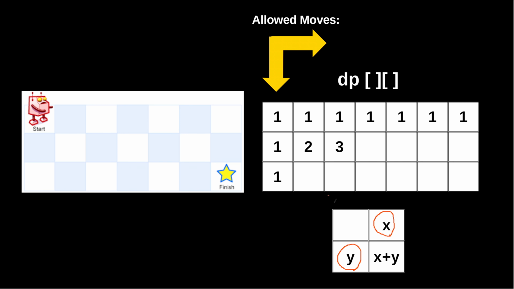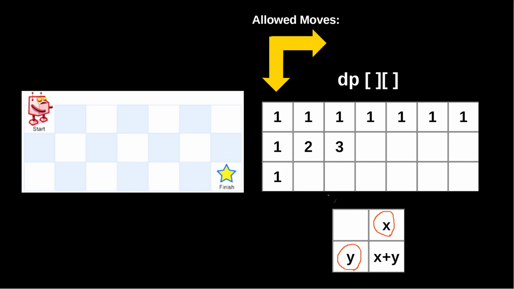So for any given cell, the robot came from either the cell immediately above or immediately to the left. After the robot lands on the current cell, the path just extends all the paths of the cell above and all the paths of the cell immediately on the left. So it's a sum of these 2 directions.